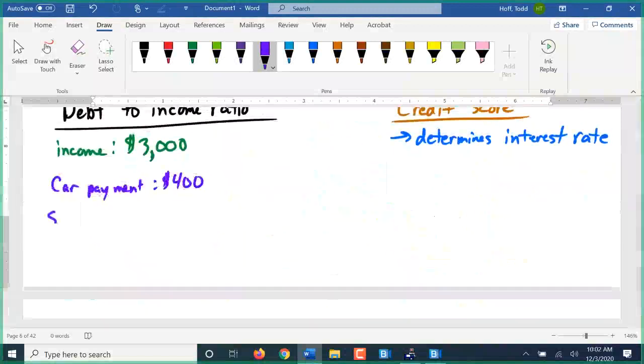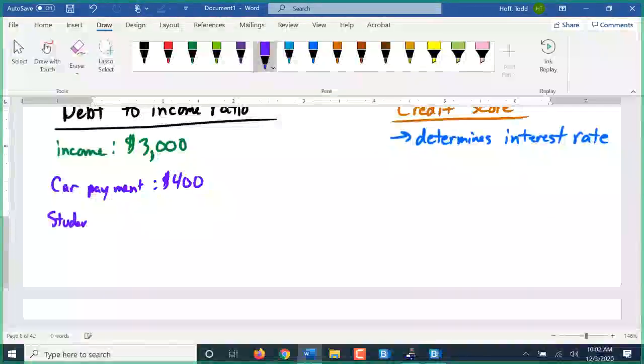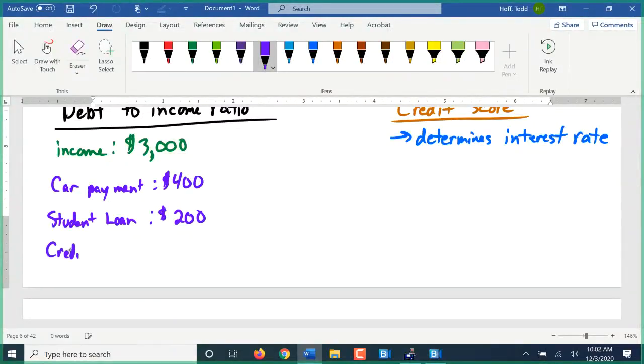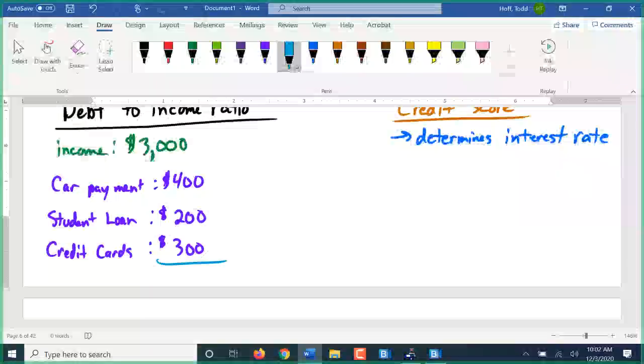Since some of you may end up with student loans, let's look at a student loan payment of $200. And let's do, of course, the ever-looming credit cards. Let's say we've got credit cards of $300. Your total debt, if I add that all up, is $900 a month. That's your debt payments that you have to make.